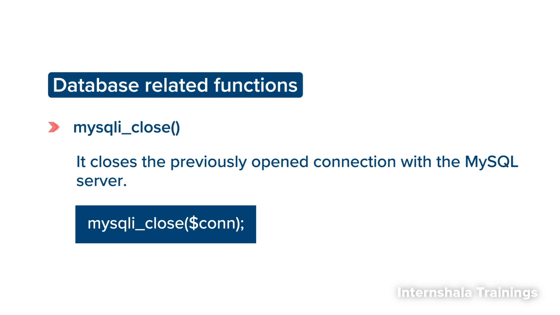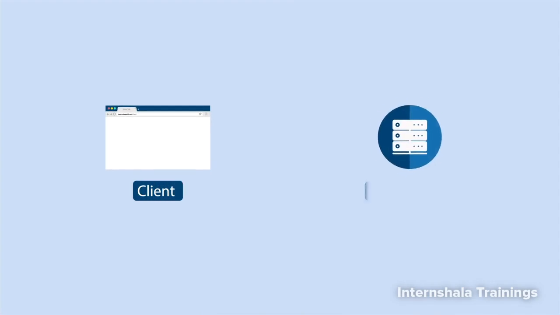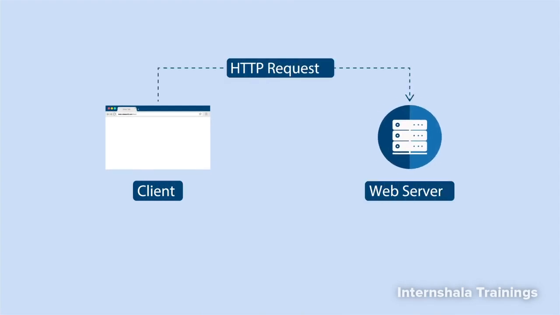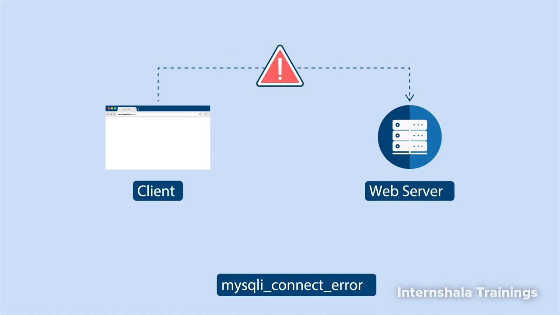Before we proceed further, let us quickly summarize the functions which we have learned so far using the client-server communication diagram. The first step is to establish the connection with the MySQL server, for which we will use the mysqli_connect function. In case the connection does not get established, then we use the mysqli_connect_error function to identify the issue.